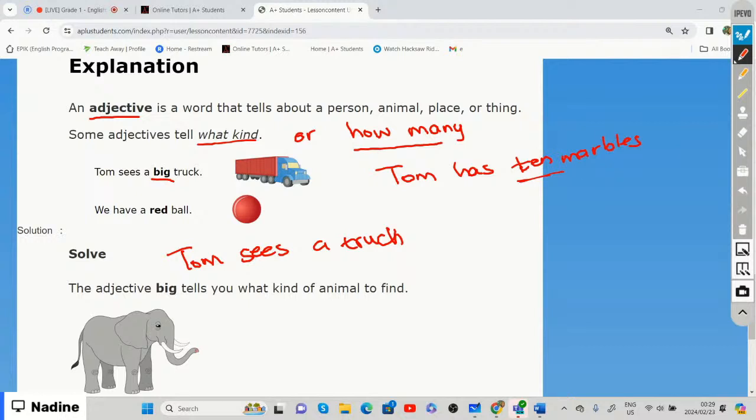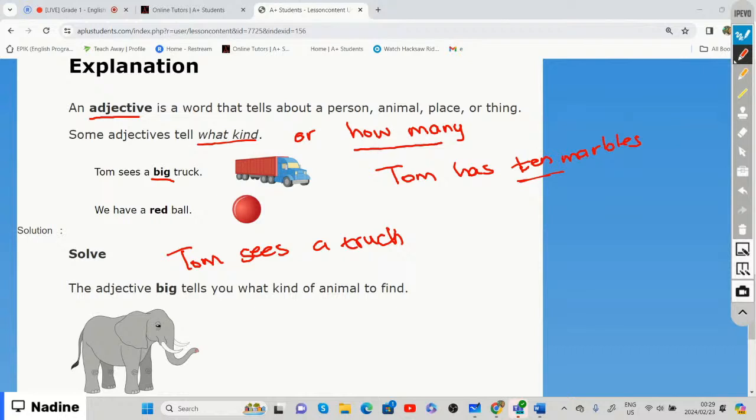For example, Tulasi, if you are sitting in front of your PC, or your laptop, or the TV, and you were to describe the thing that you're watching, then you can either describe it in color, like, I'm sitting in front of my black laptop, or in size: I'm sitting in front of the big TV, or the small TV.